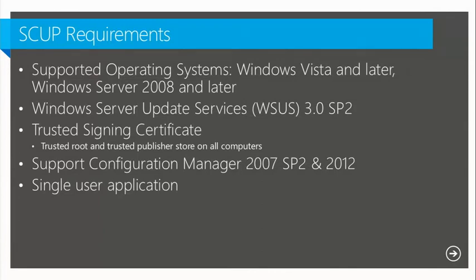It's not supported, but it works, which is good enough for us, and it's absolutely being used by many. We have a link later to a blog post where you can download the complete SCUP installation and configuration guide, and there is information about how to do that in that guide.